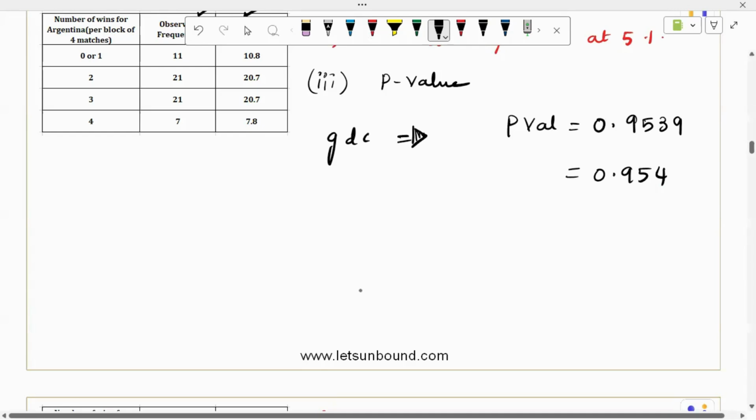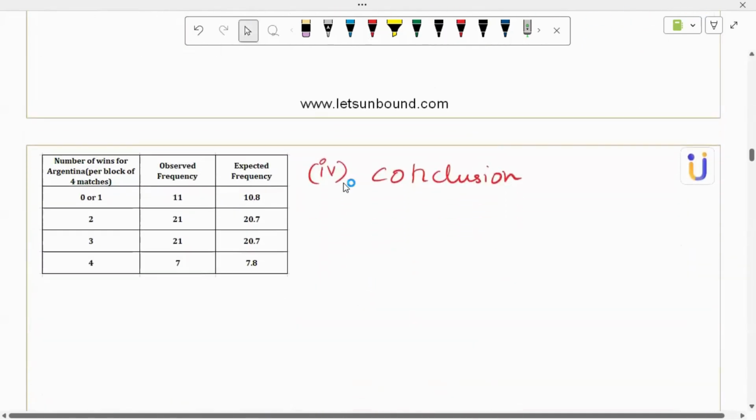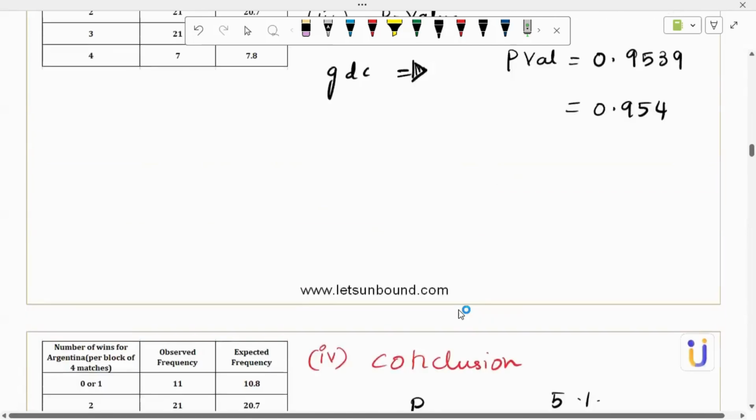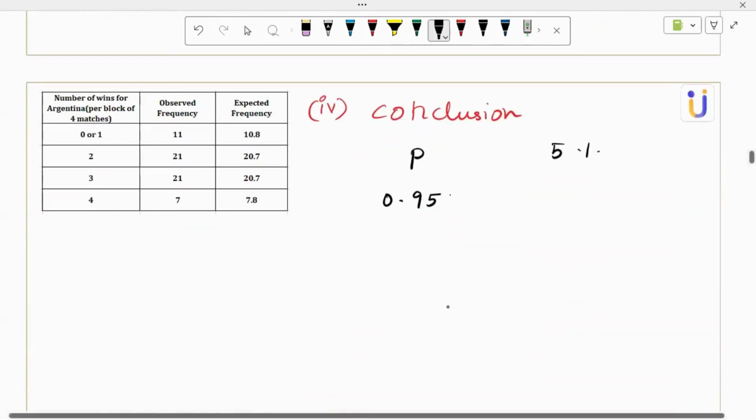And the next part, conclusion. So we got p-value and we are testing at 5% significance level. So p-value is 0.954, and 5% is 0.05. Clearly my p-value is greater than that. So we can write H0 is accepted whenever p is greater than the significance level.